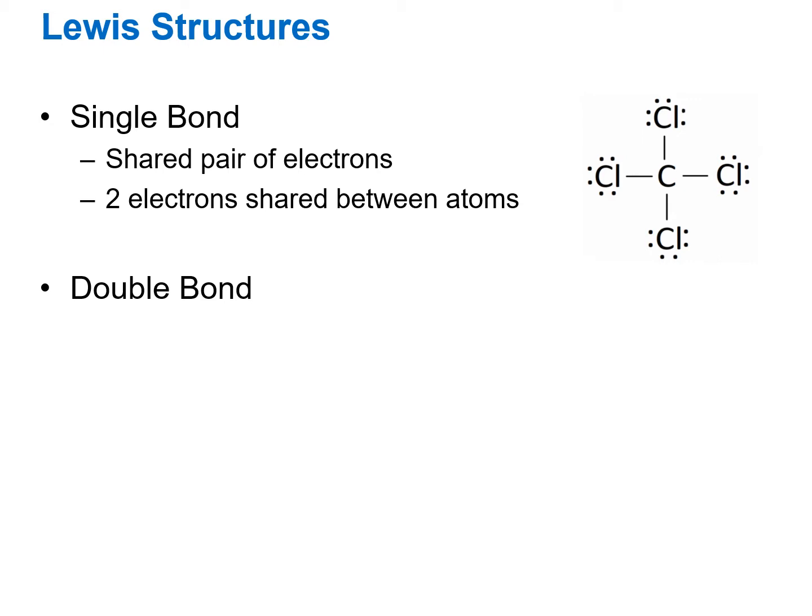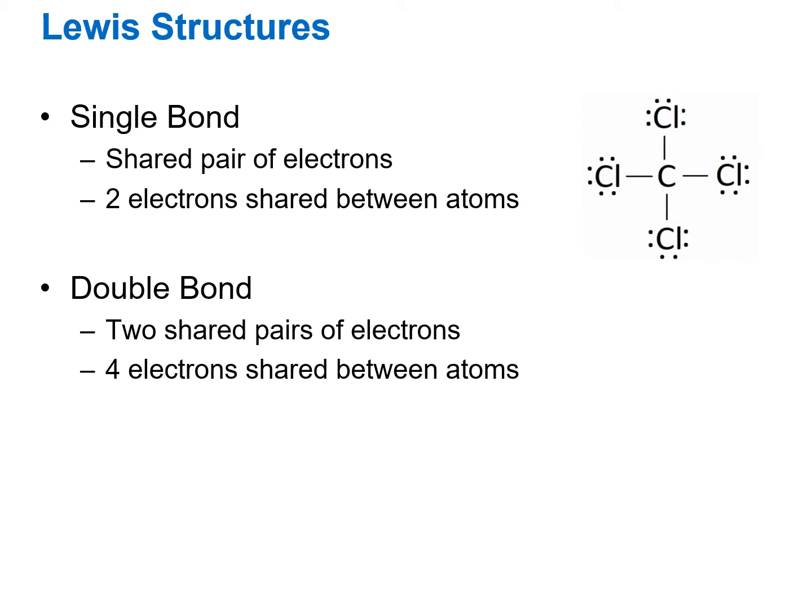If a single bond is a single pair, then a double bond would be 2 shared pairs of electrons, a total of 4 electrons shared between atoms. The way we would convey this in a Lewis structure would be with 2 lines between the atoms that are sharing those 4 electrons.